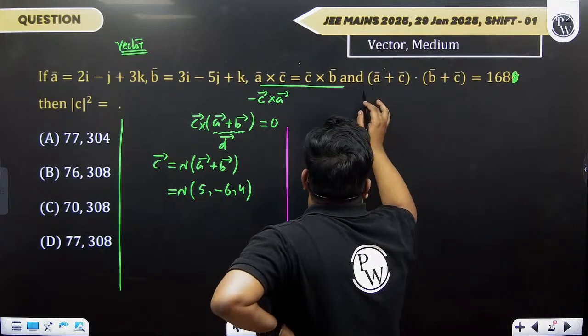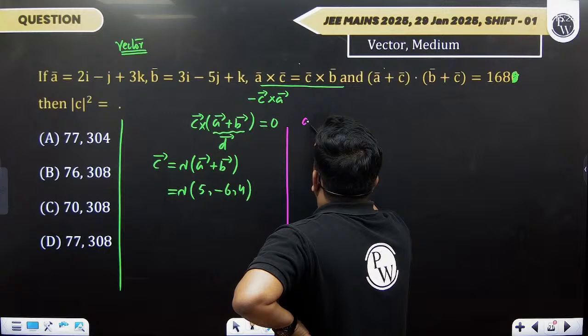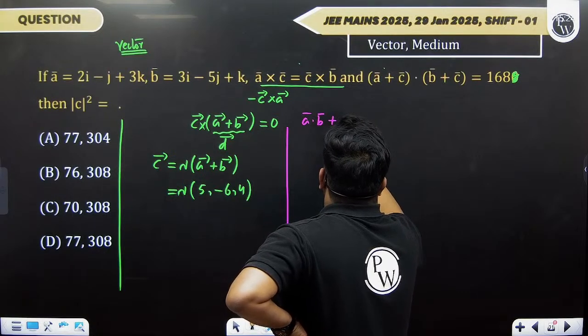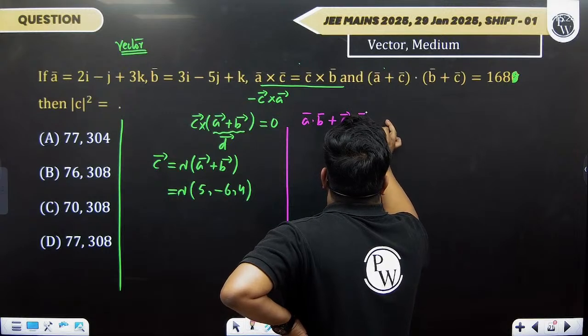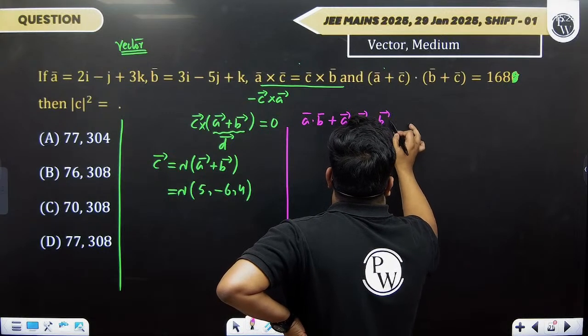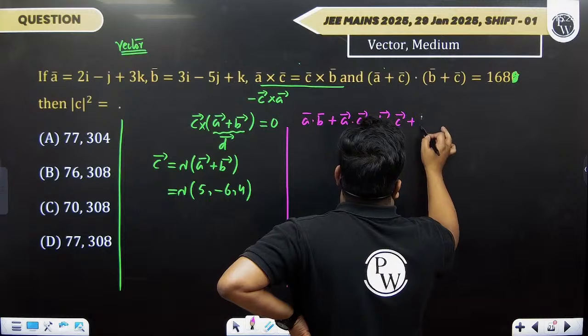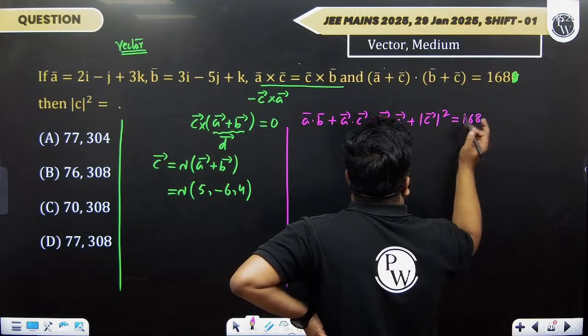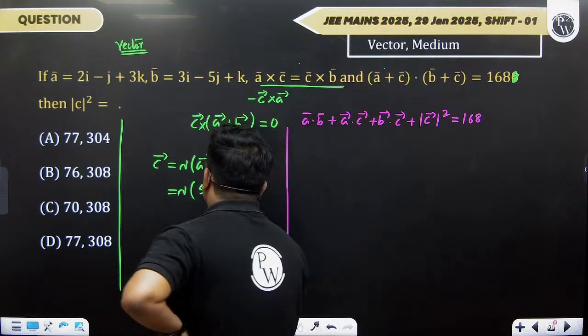Now what has been asked? We'll multiply a dot b plus a dot c plus b dot c plus mod of c whole square, equal to 168. So this solution is needed. Let's start.